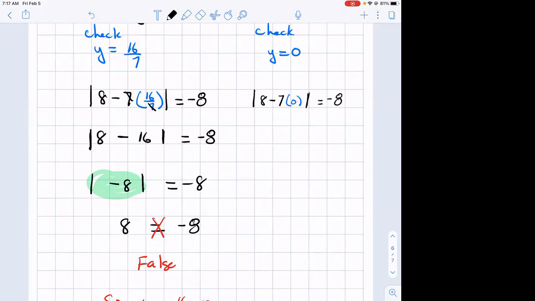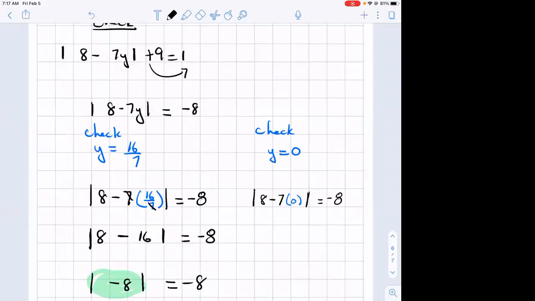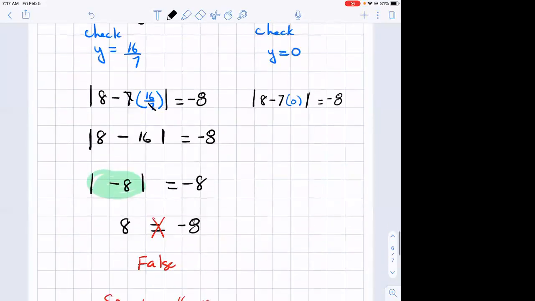If we do this, we have the absolute value, negative 7 times 0 is 0, and 8 minus 0 is 8, and the absolute value of 8 is 8.